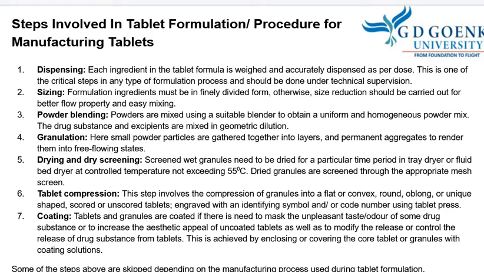Thereafter, if sizing or co-milling is required, then sizing is done, and blending is done in a V-shaped blender or a double cone blender so as to prepare a homogeneous premix. If required, granulation is done so as to form dry permanent aggregates, or wet granulation is done.